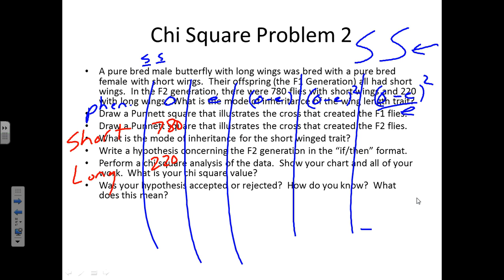So what we're going to do first is add those up and get how many? 1,000. And our Punnett square told us out of 1,000, how many should we get that are short? 3/4. 3/4 of 1,000 is 750, right? So we should get 750 here. And we should get 1/4 of 1,000 being long, and that's 250, right?